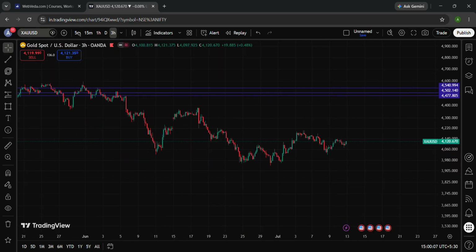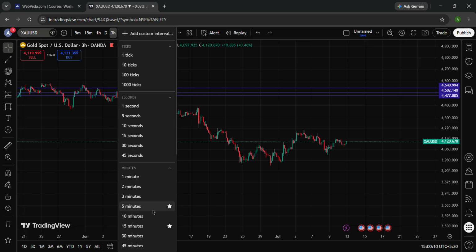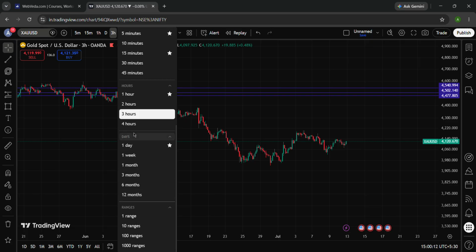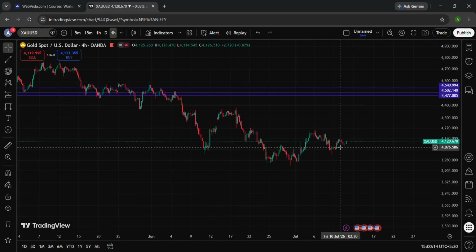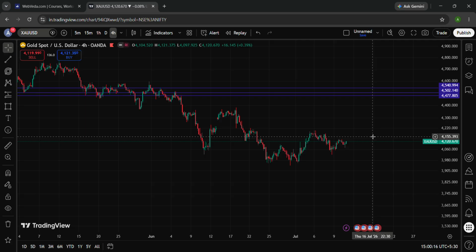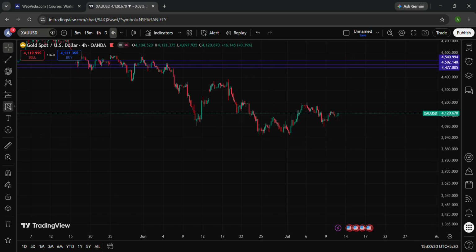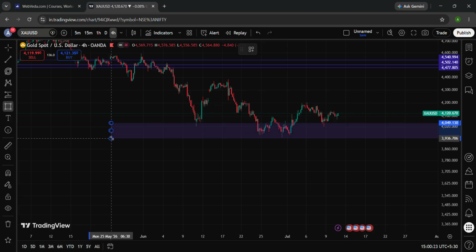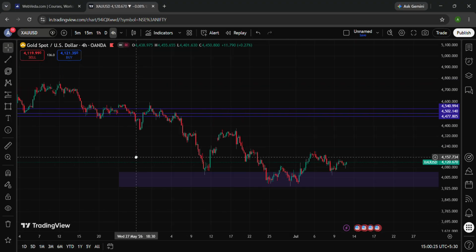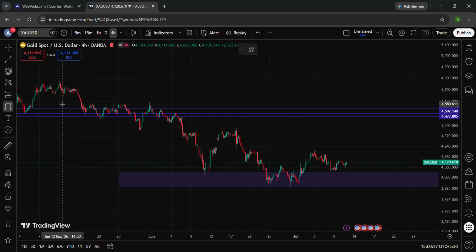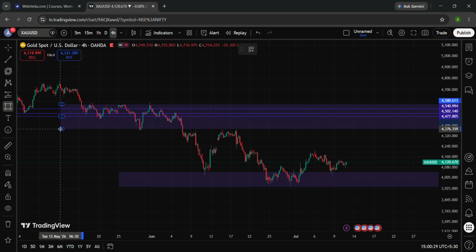Anyway, what I'm saying is that your grandfather would be your 4 hour chart. In the 4 hour chart, you have to simply plot support and resistance. This is a support resistance for me, and if you see, this is a resistance position for me itself.